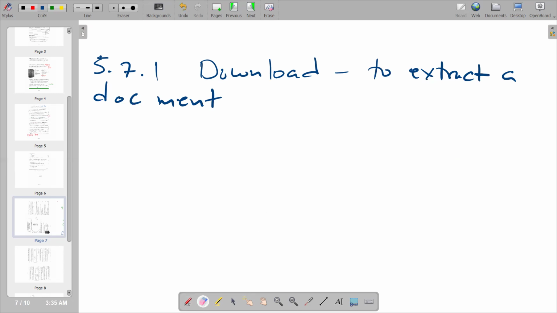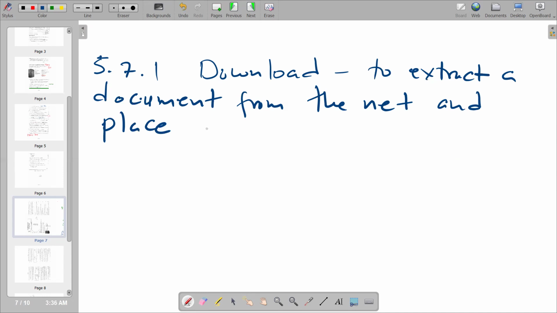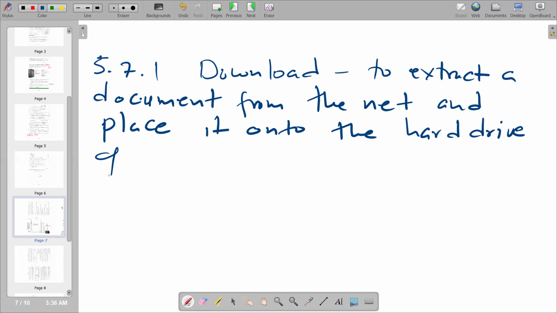Whereby we are saying to extract a document from the net and place it onto the hard drive of a device, obviously. So obviously that's what we have, and then we try to move on to the next one that we want to describe. You can just refer back.